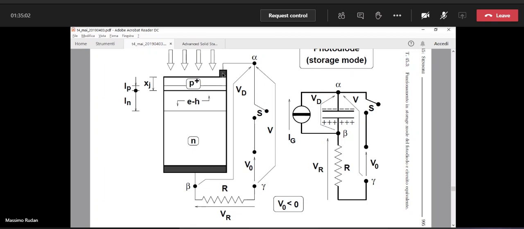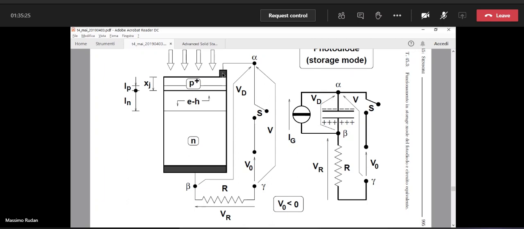At some point, if there are still photons surviving the absorption, these remaining photons enter the neutral region of the n-type. And again, they are lost. They are useless because they produce generations in the neutral region again.